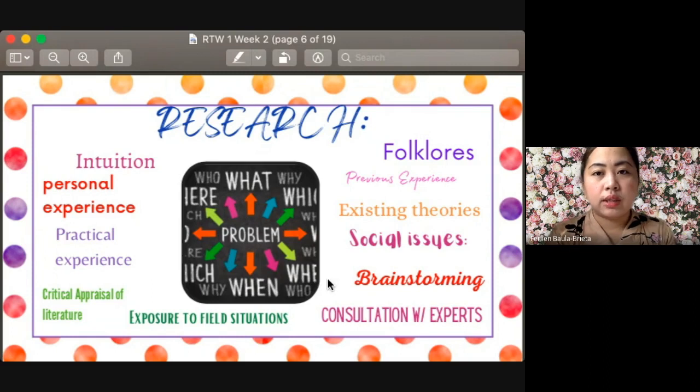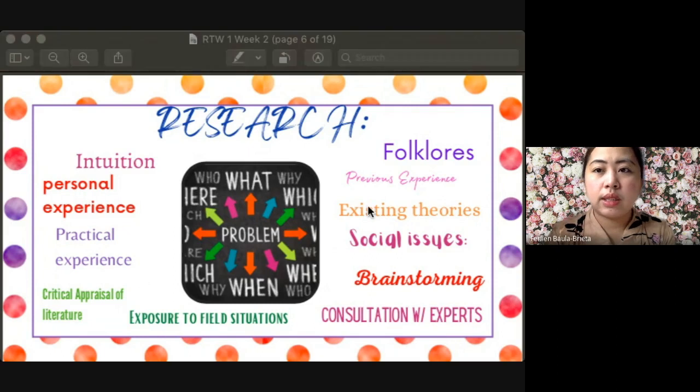Another is the existing theories. This is a process of theory development or theory testing. I have mentioned this a while ago, that we can test existing theories to see if they are functioning or if they are efficient enough.